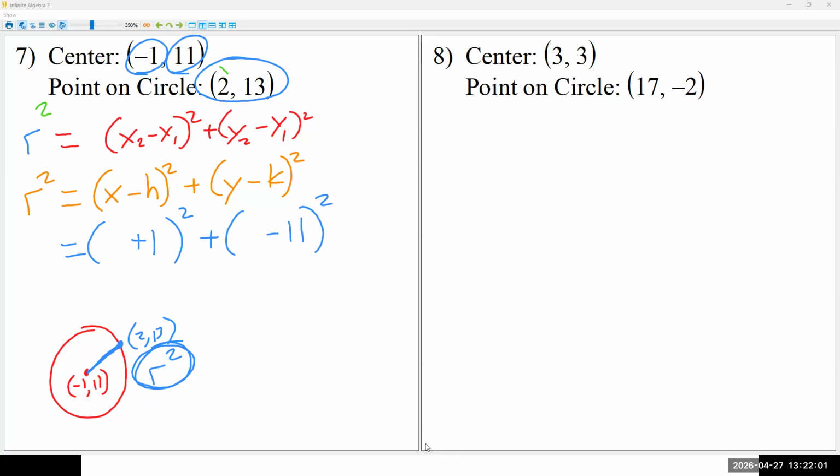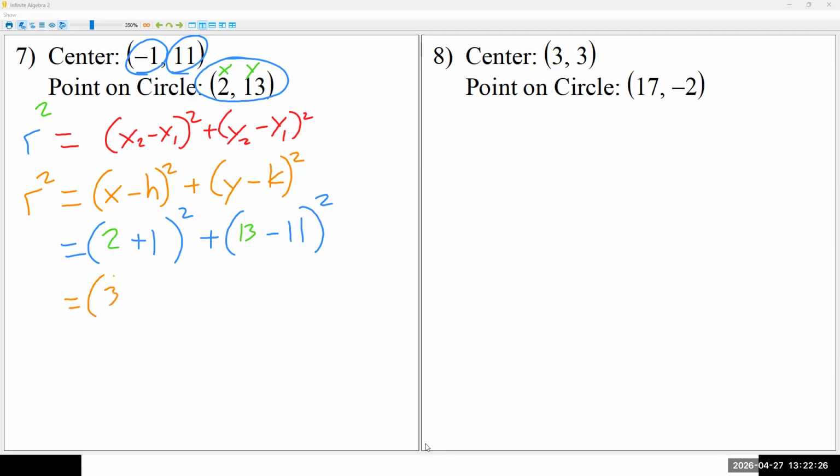I'm going to use my point on my circle as my x and my y, because that's what they are. They give me any point on my circle. So I'm going to plug in 2 and 13, and I'm going to figure out what r, or r squared, is. So I'm going to erase my picture. So root 2 plus 1 is 3.